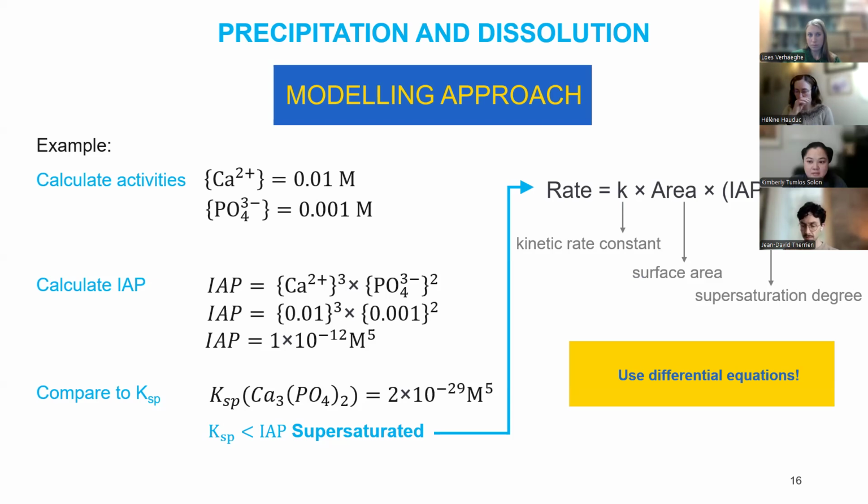It's not instant, it can take minutes to hours. So we have to use differential equations, unlike for the liquid phase chemistry, wherein we can use algebraic equations and just solve everything algebraically simultaneously.